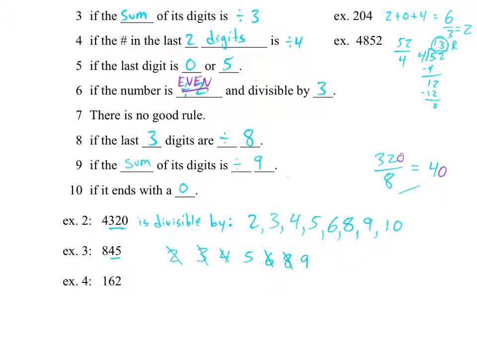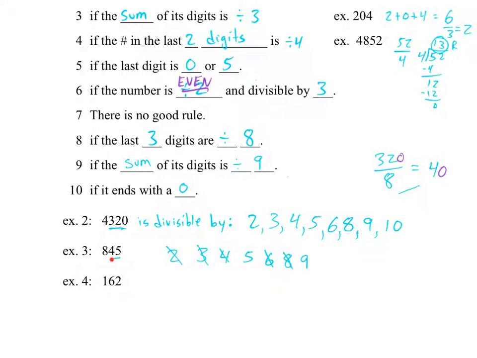Does 9 work? So 8 plus 4 is 12, plus 5 is 17. Is 17 divisible by 9? If you took a calculator and did the whole 845, it wouldn't work.